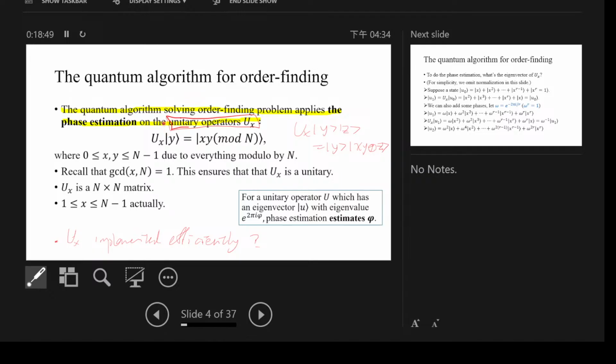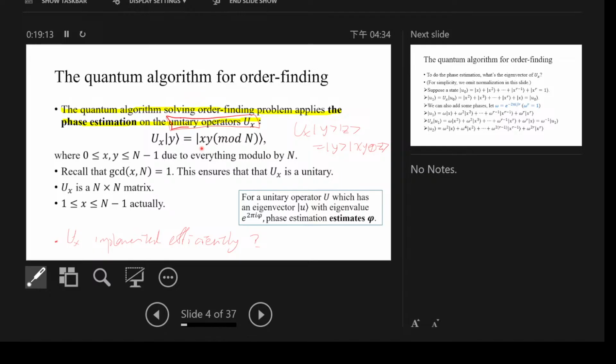So we have this in-place multiplication oracle, which takes a number and multiplies it by x mod N. Technically this oracle exists because this is a one-to-one relationship.